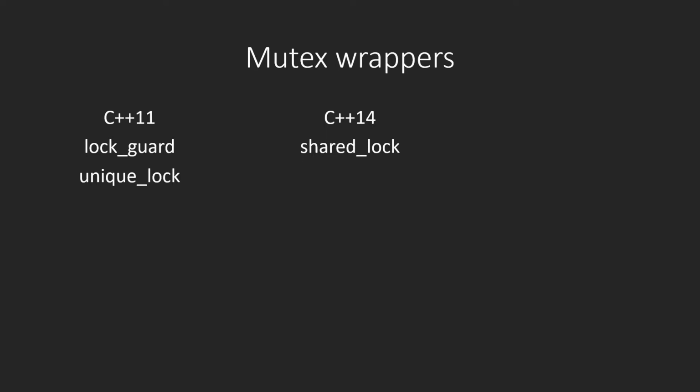Starting from C++14, we have shared_lock wrapper, and starting from C++17, we have scoped_lock wrapper. Differences between these wrappers you can find on the official cppreference, official doc, and maybe in my future videos. Cool. Let's just see how to use, for example, lock_guard wrapper in our code.